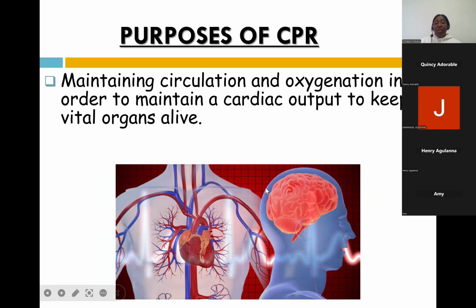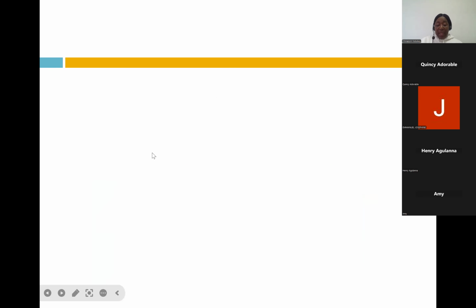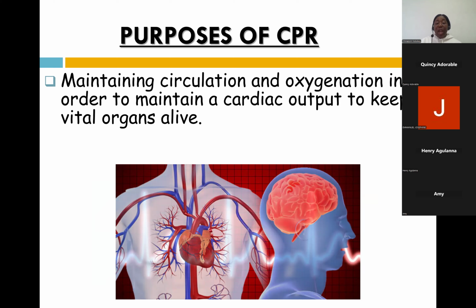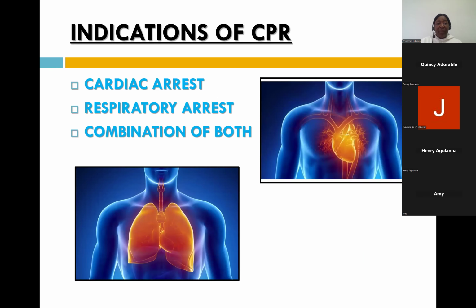If you are able to help the lungs to also inflate and deflate, thereby oxygenating the blood, that means you have helped in maintaining the oxygenation of the blood. So that is the main purpose of the CPR.